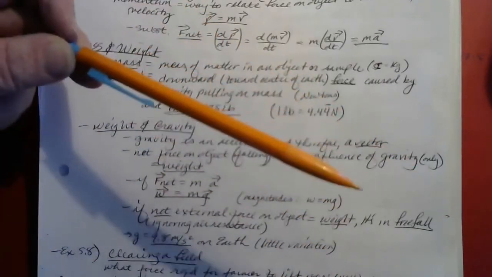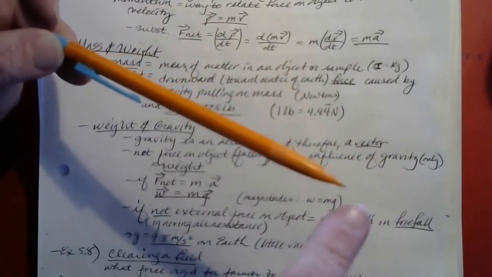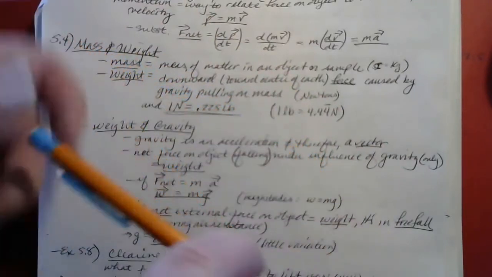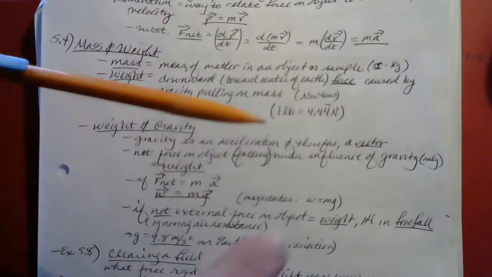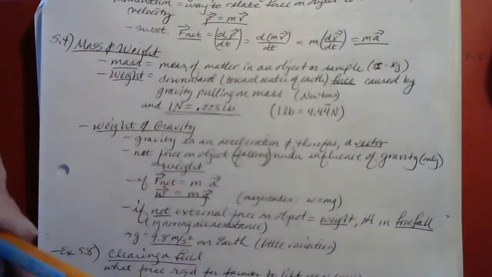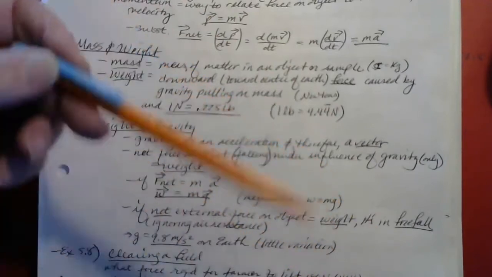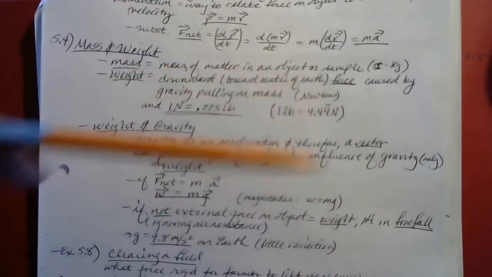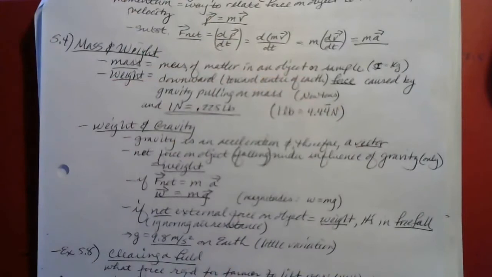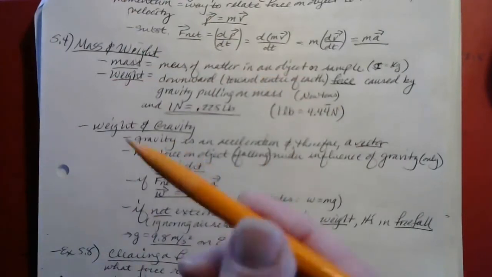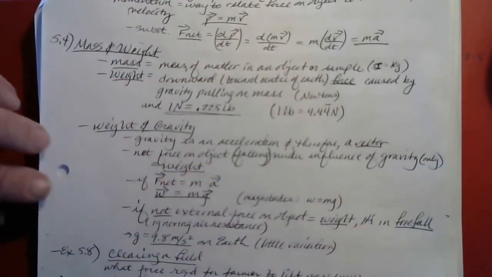So I'd say this pencil has the same mass as long as I don't remove the lead or use up the eraser. Once I do that, I'm changing the object, so that changes the mass. But I could take this pencil to the moon and it would still have the same mass because it would still have the same amount of matter within the object.